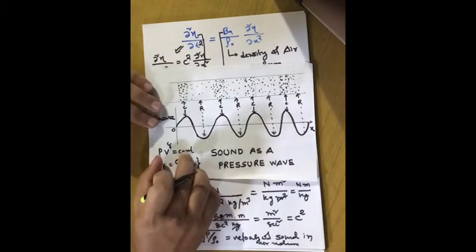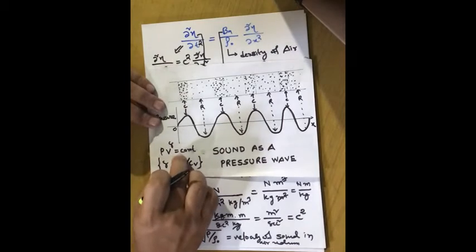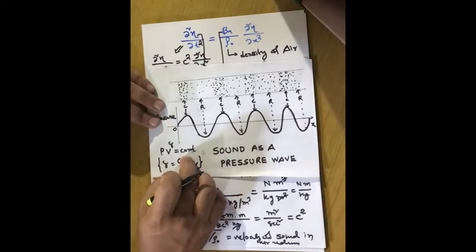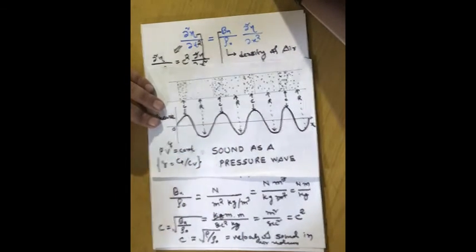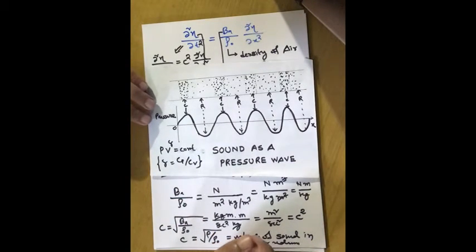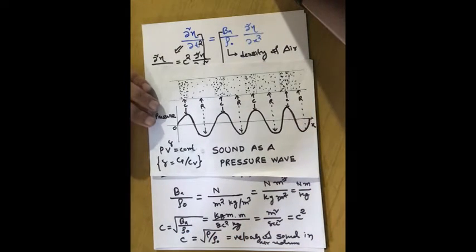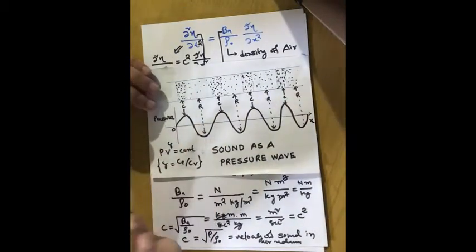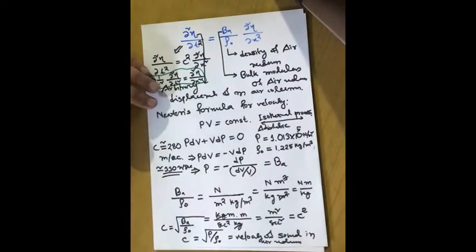So basically I am going to use this equation of state for the propagation of sound through air medium, and from that I am going to derive the velocity of sound through air medium, and this formula is known as Laplace's formula. So the name of the topic is Laplace's correction to Newton's formula. Okay, so let's do that.